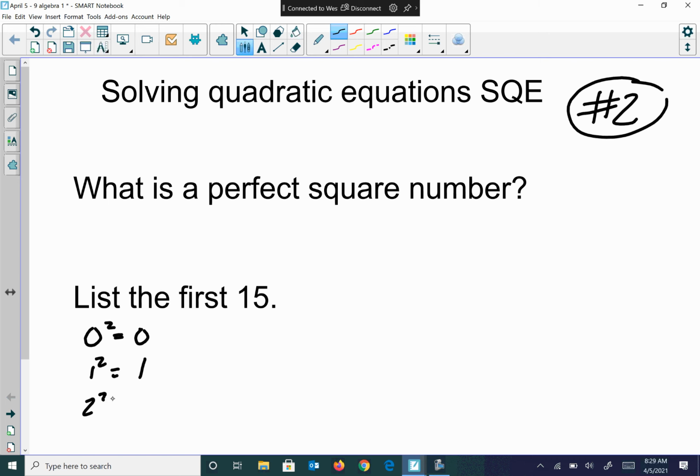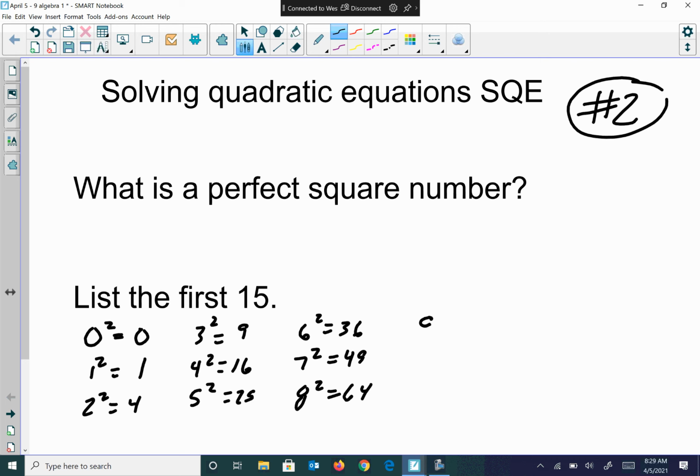2 squared, 4. 3 squared, 9. 4 squared, 16. 5 squared, 6 squared, 7 squared, 8 squared, 9 squared, 10 squared. 11 squared?